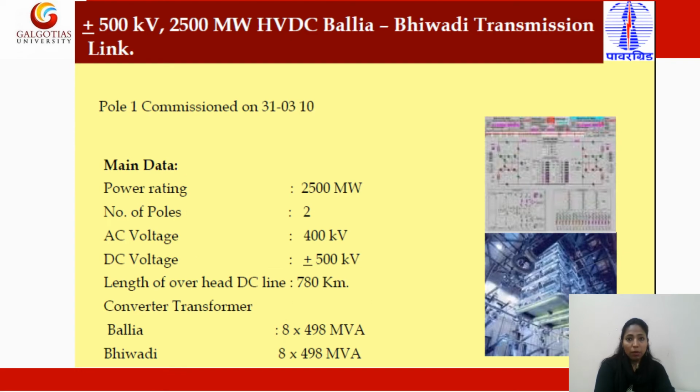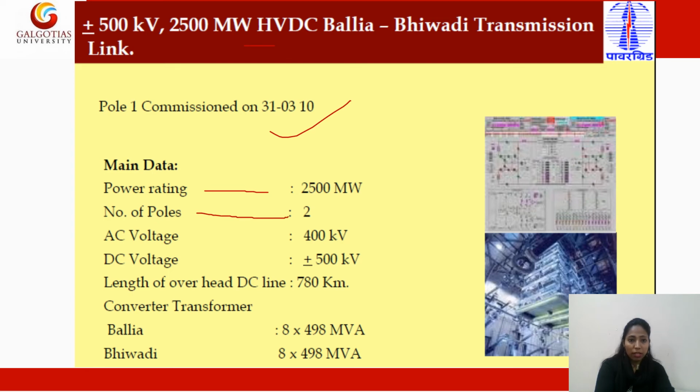Now see the Balia-Bhiwadi transmission line project. It is working on plus minus 500 kV, 2500 megawatt, and it was commissioned on 31st of March 2010. The power rating is 2500 megawatt, and the number of poles used is two, a bipole system.